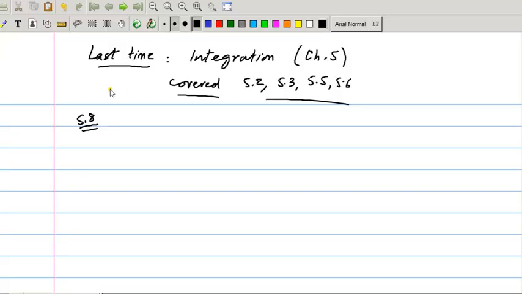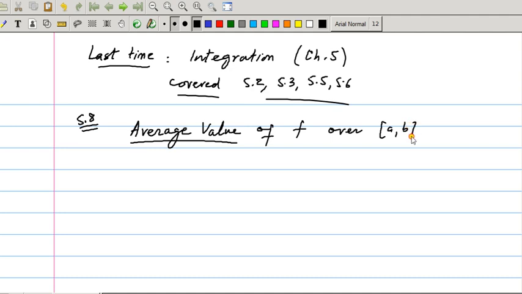So if we have the average value of f over the interval a to b, it is written as f average, f_ave, just short for the average, AVE, and it is equal to, what we do, we integrate from a to b, f(x) dx, and then we divide by the length of the interval, which is b minus a.